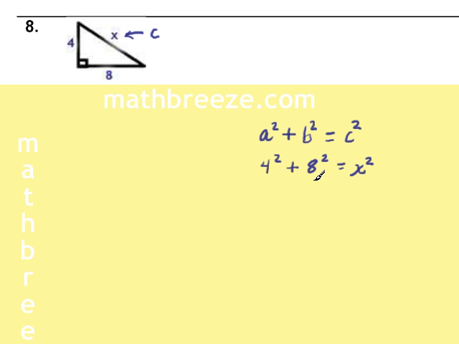We can mix up the order of this addition. But we have to mark c correctly. So in this case, c is equal to x. So here we have 4 squared, that's 16. 8 squared, 64. So we have 80 is equal to x squared. So x is equal to the square root of 80.